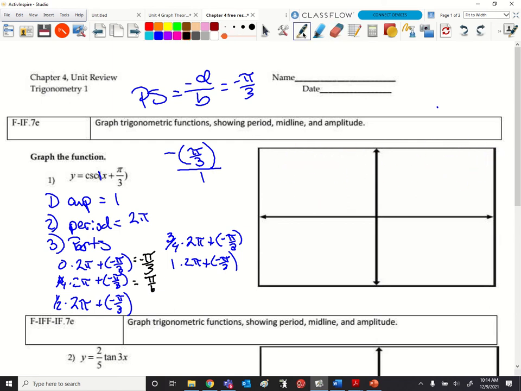Okay, so next one should be pi, so that's 2 pi over 3? Yeah. Positive 2 pi over 3? Yeah, that's good. 2 pi over 3. The next one's going to give me, it's over 6.